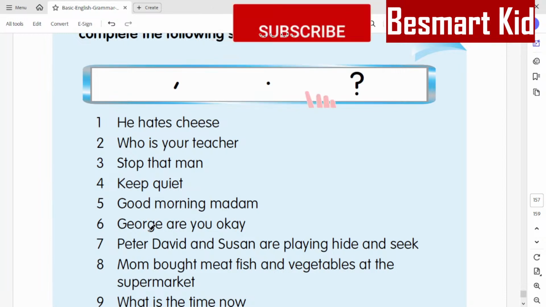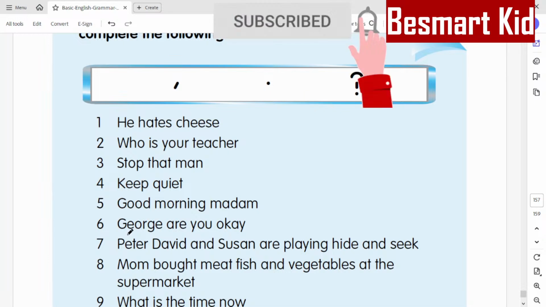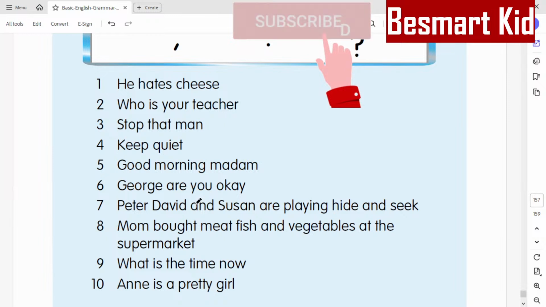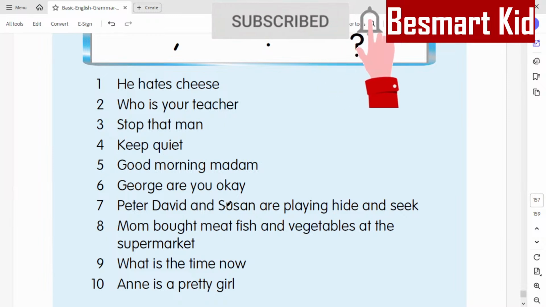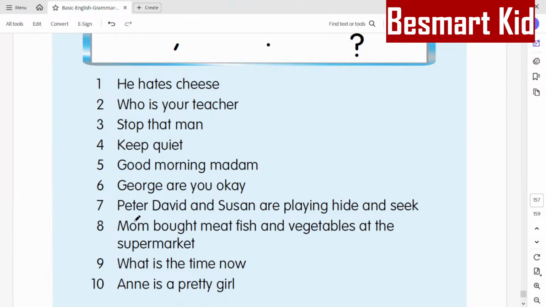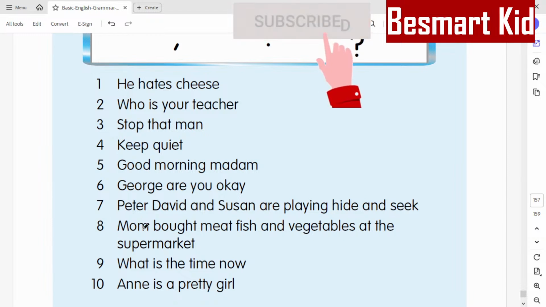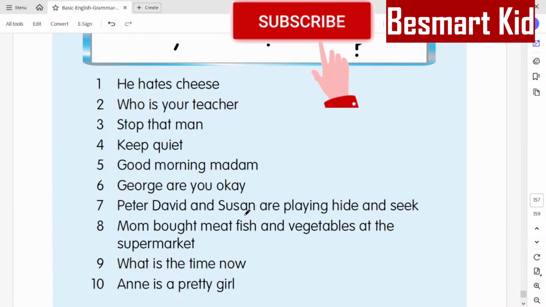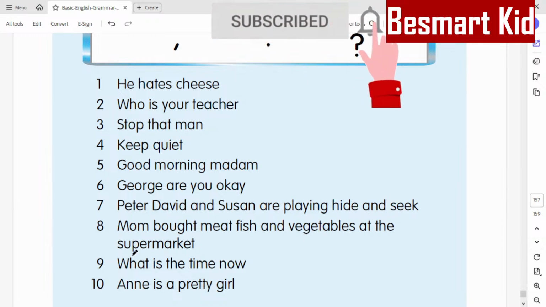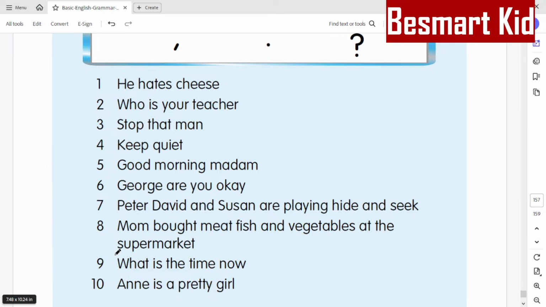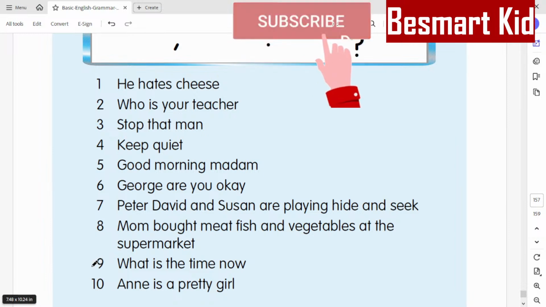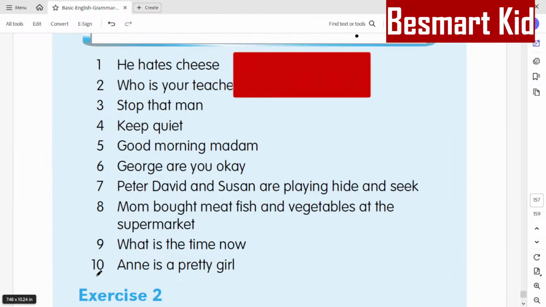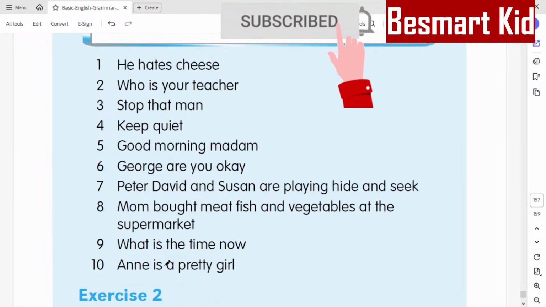Sixth, George, are you okay? Seventh, Peter, David, and Susan are playing hide and seek. Eighth, Mom bought meat, fish, and vegetables at the supermarket. Ninth, what is the time now? Tenth, Annie is a pretty girl.